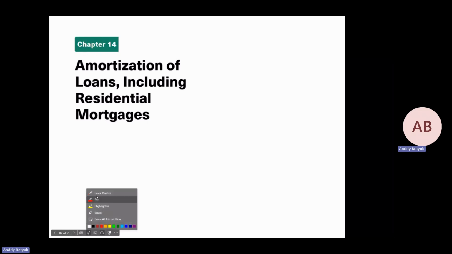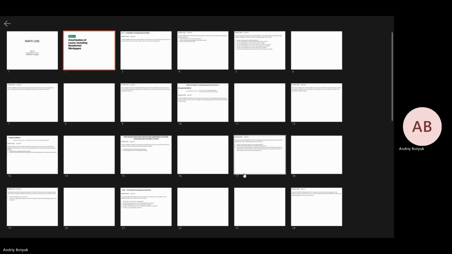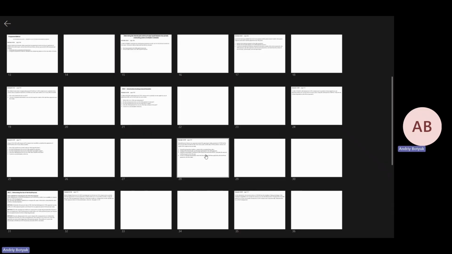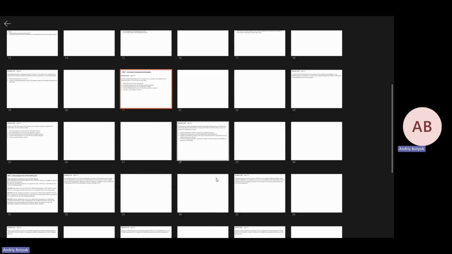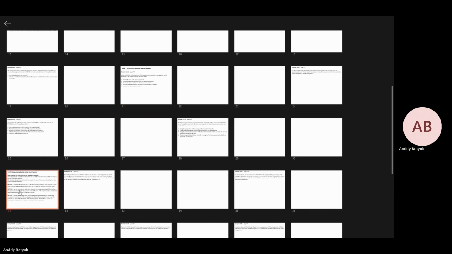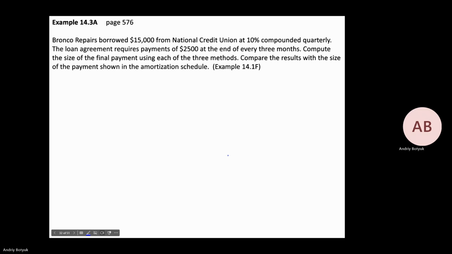Okay, so hopefully it will work this time. This one, right? Yeah, 14.3. So 3 methods, right? Okay. Find n.